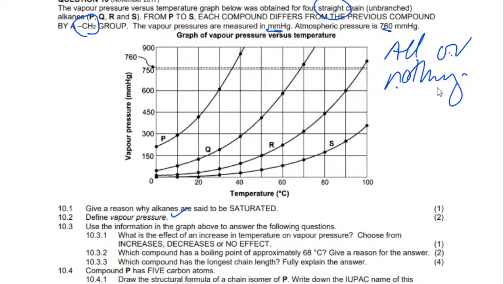People always say the pressure exerted by the vapor in equilibrium with its liquid, but the answer becomes wrong. It can only be correct if you add in a closed system.